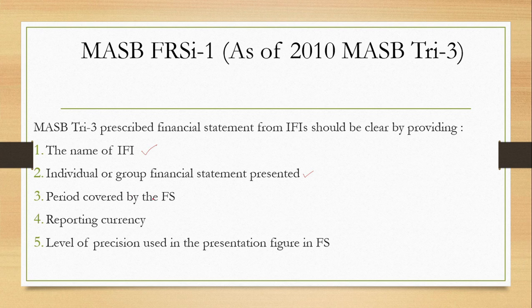And also dia punya period covered by the financial statement, dia punya reporting currency, whether RM ke, USD ke, dia kena provide that information, and also the level of precision used in the presentations figure in financial statement, which mean dia kena bagi tahulah how deep or how detailed the punya financial statement need to be prepared. So dia kena provide the Bank Negara Malaysia as according to MASB tu, as required by MASB punya framework lah.